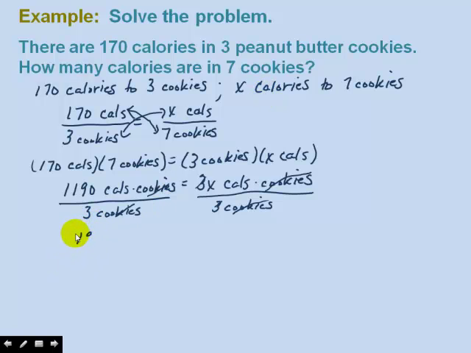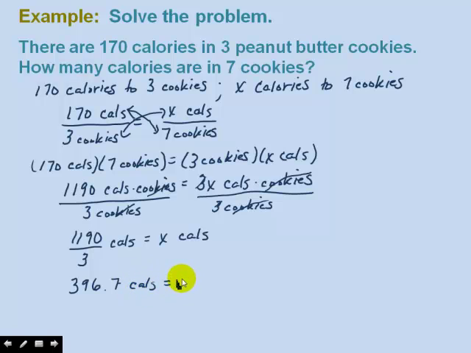So what we end up with here is 1,190 over 3 calories equals x calories. So now we just have to divide by 3, and that gives us 396, I'm going to round to 1 decimal place, 396.7 calories.